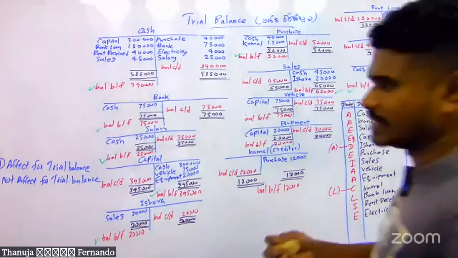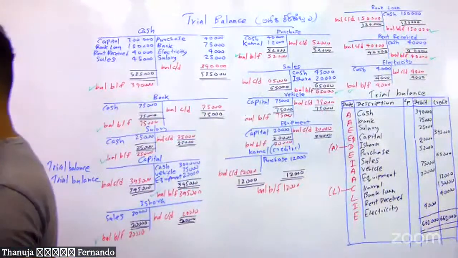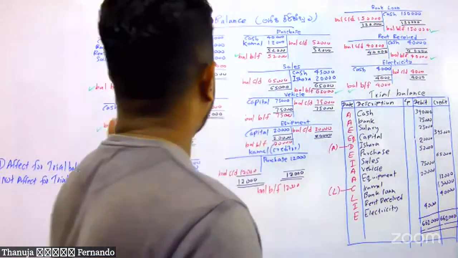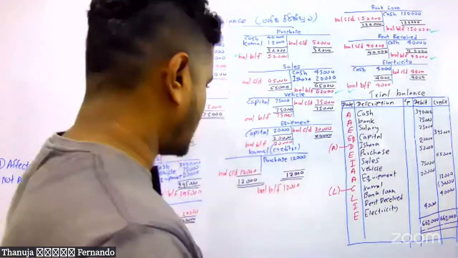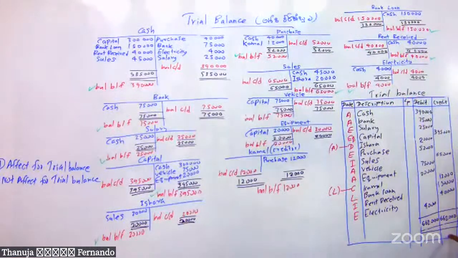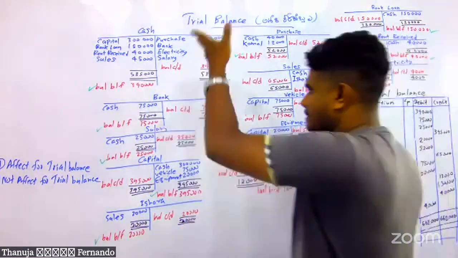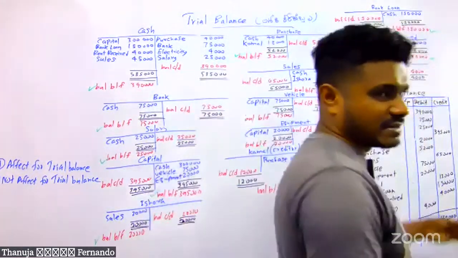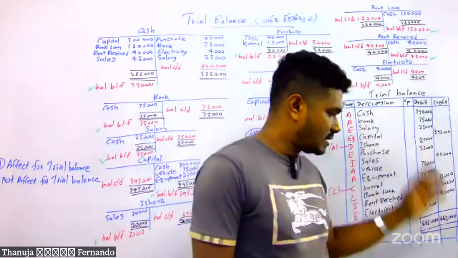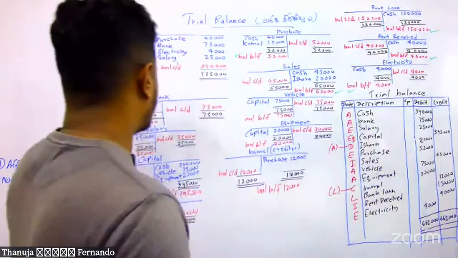And the next one is errors affecting the trial balance. Affecting the trial balance means there are errors as before, and the balances are not equal. The two balances are not equal. We know that we have made some errors.